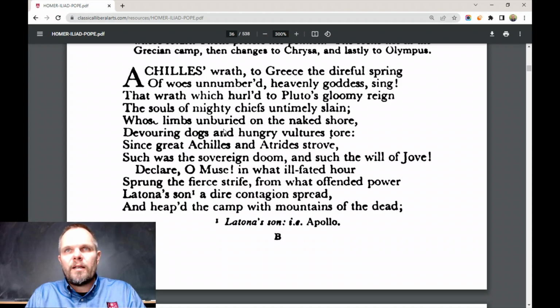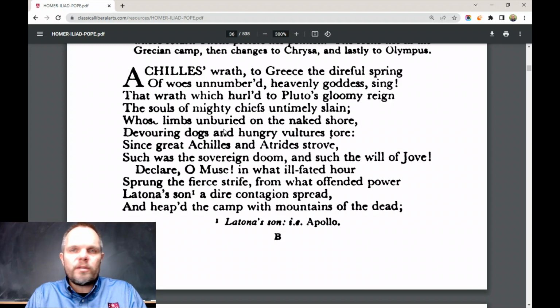So just to explain this by illustration from the text here, if we read the first line on the page, and I'm sorry that I'm going to be looking above the camera, so just bear with that. We read, "Achilles' wrath to Greece, the direful spring, of woes unnumbered, heavenly goddess sing."